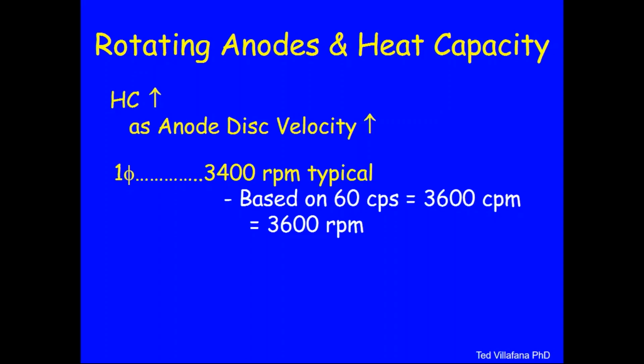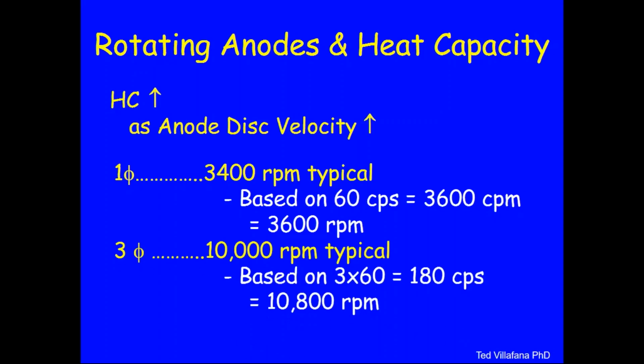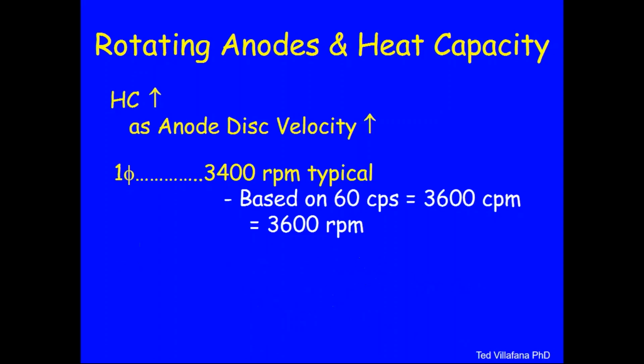Now, every time you have a cycle, you have one full rotation of the disk. So if you have 3,600 cycles per minute, that really translates to 3,600 rotations per minute. So your standard velocity is 3,600 RPM, but there's always some slippage. You don't get the exact 3,600. So we usually specify it at 3,400 RPM.